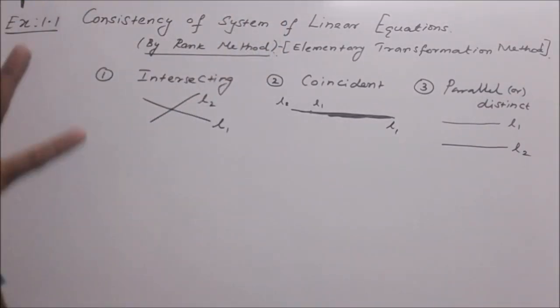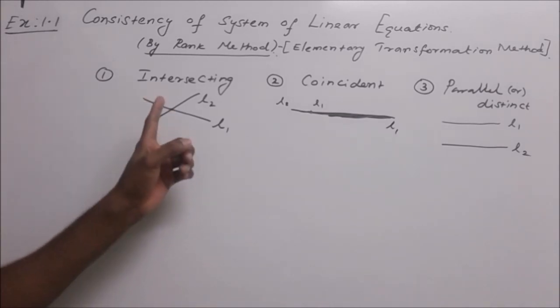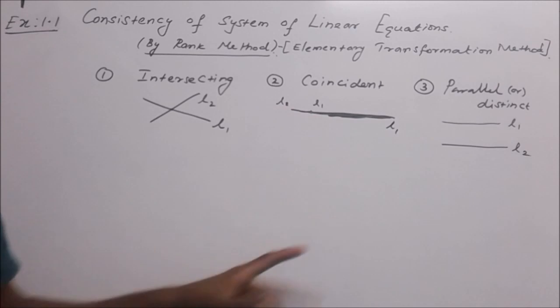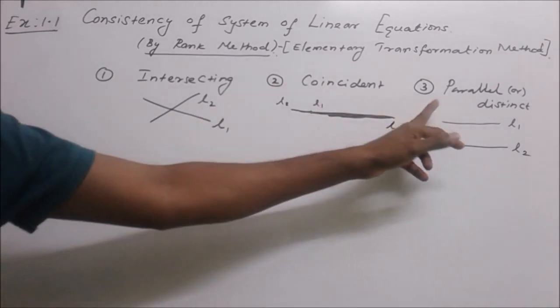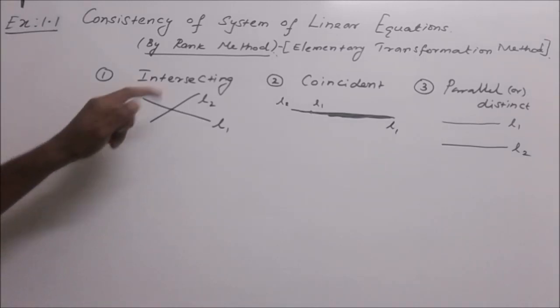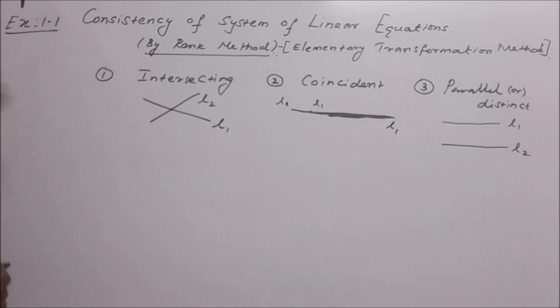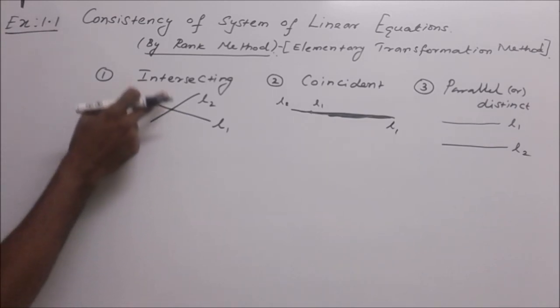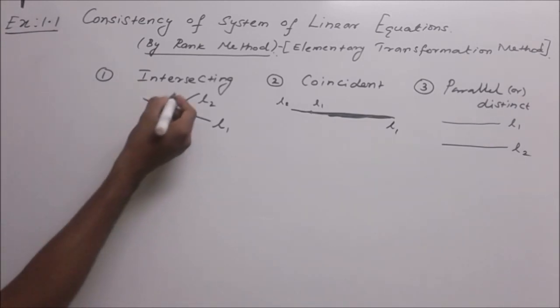If we consider lines in a plane, they will be intersecting, or coincident, or parallel or distinct. In the first case, both lines intersect at a single point.